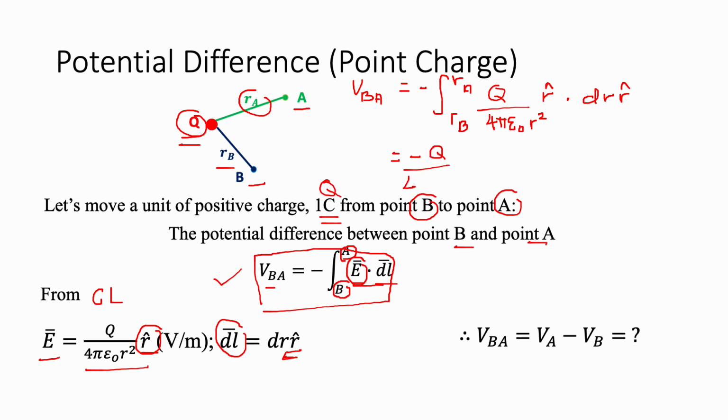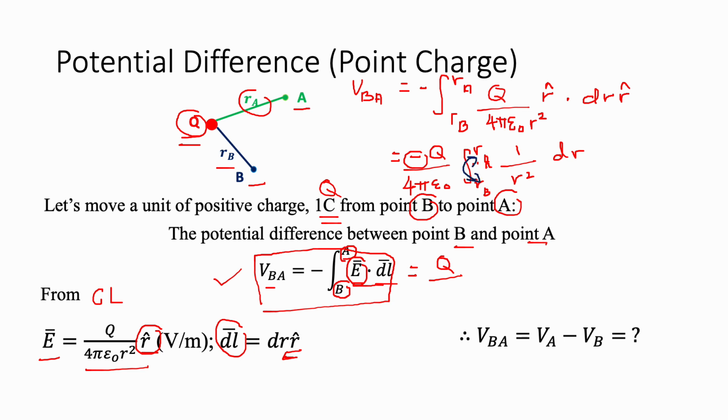Q over 4 pi epsilon naught. We are going to leave behind the integration from RB to RA of 1 over R squared dr. If we proceed with the mathematical operation, we want to remove this negative, so you just have to shift the positions of the limits.